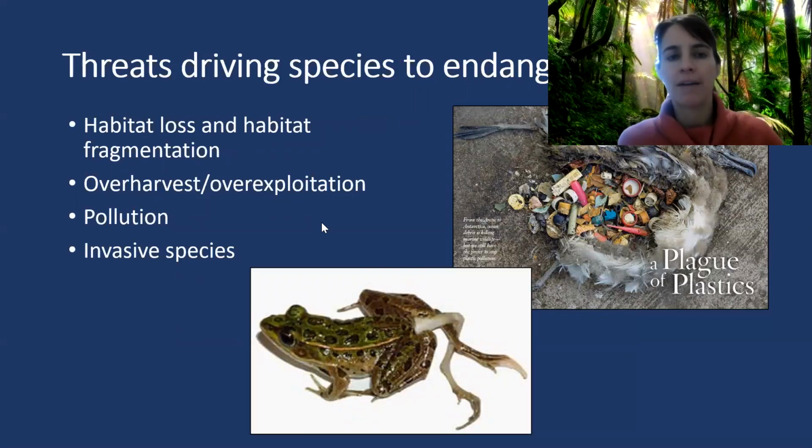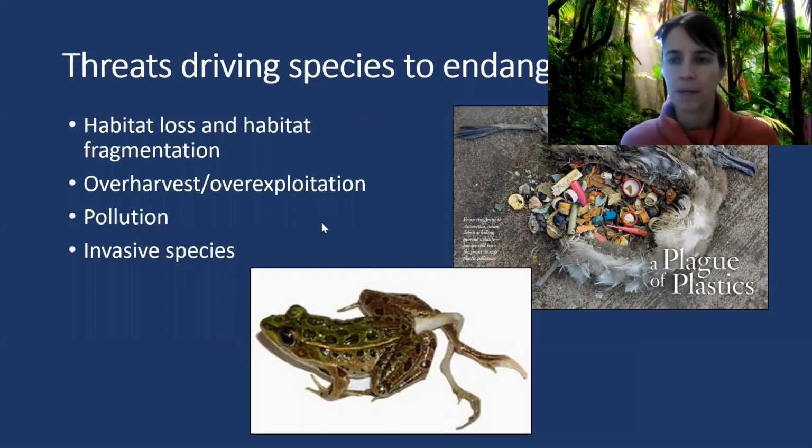What about pollution? We haven't actually really dealt with that one much in class, but pollution is a major issue for wildlife, not just because, if you think of an oil spill, it coats birds' feathers and it can kill them and it's damaging. There's a lot of indirect effects of pollution.